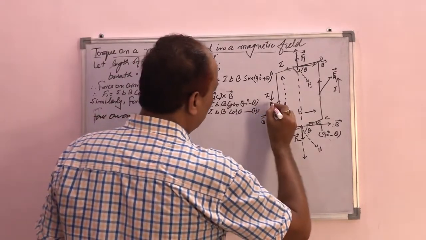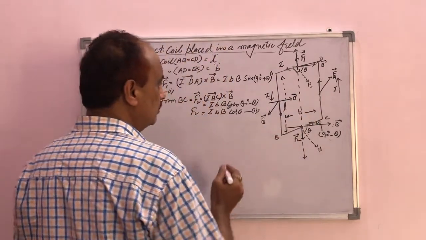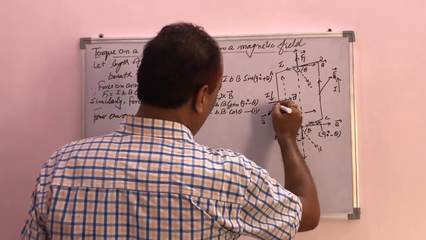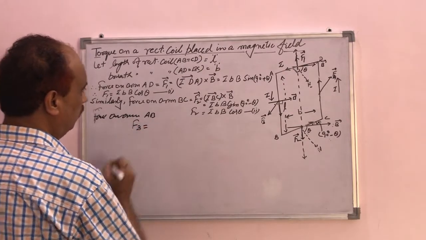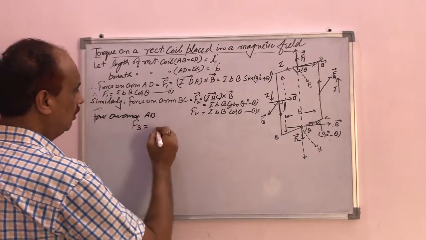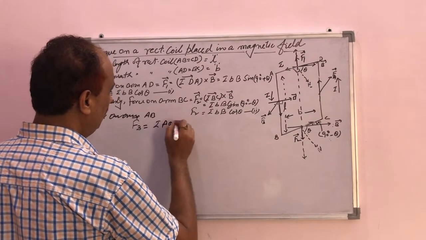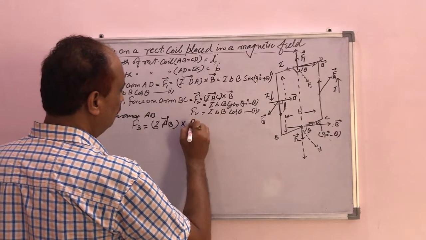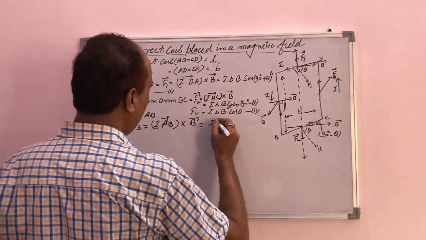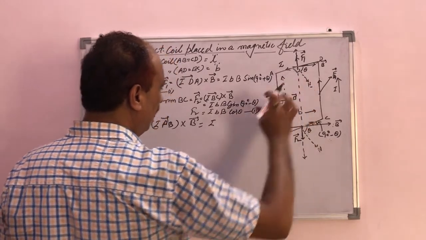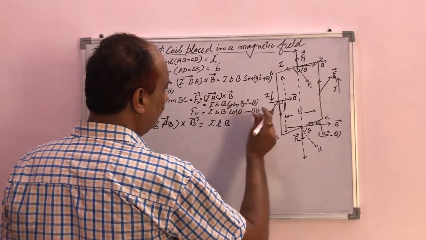The magnetic field is in the plane of the paper, so the angle between them is 90 degrees. So the F3 vector equals the current element I AB cross the magnetic field B, and in magnitude AB means the length of the arm, so it is ILB sin 90.